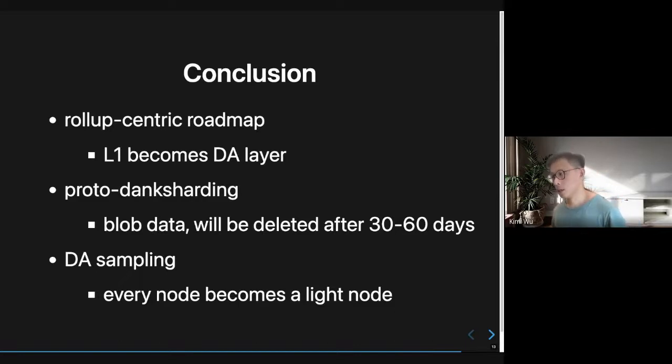Now it's 30 or 60 days. And through DA sampling, you don't need to download the whole data. You only need to download like 5 or 10% of the data. So it's more like everyone becomes light nodes now. Only some nodes need to be full nodes, and other validators become light nodes because they only need to carry part of the data.